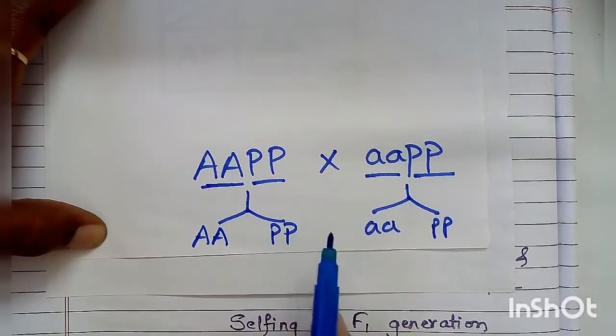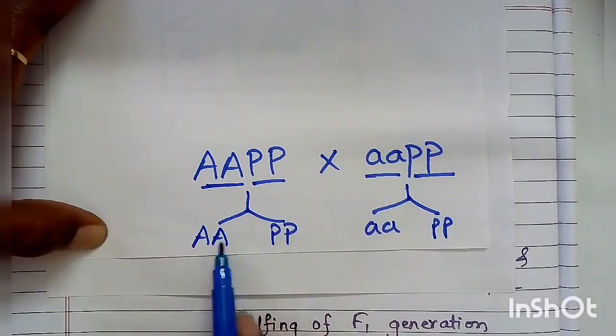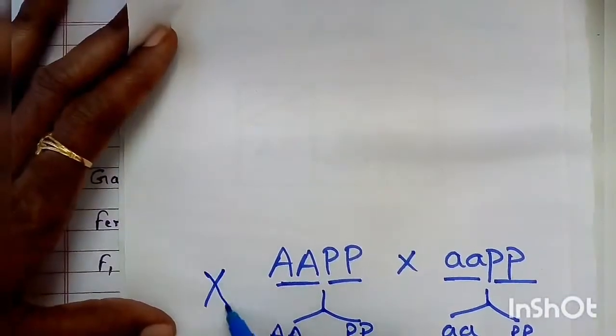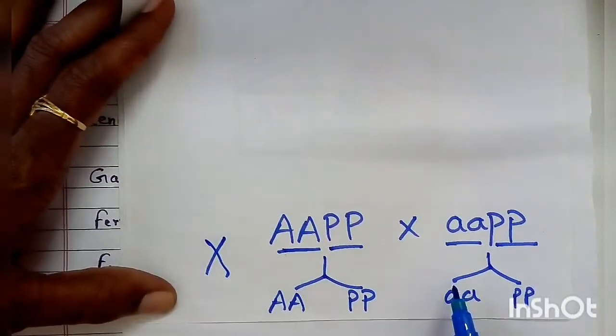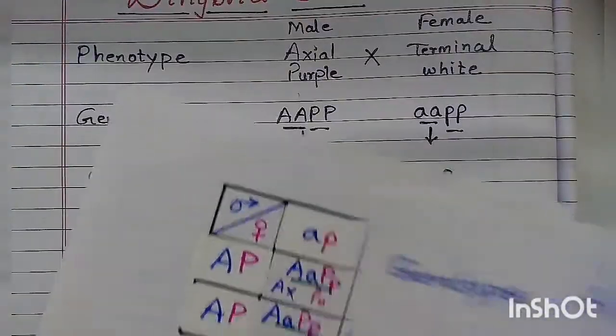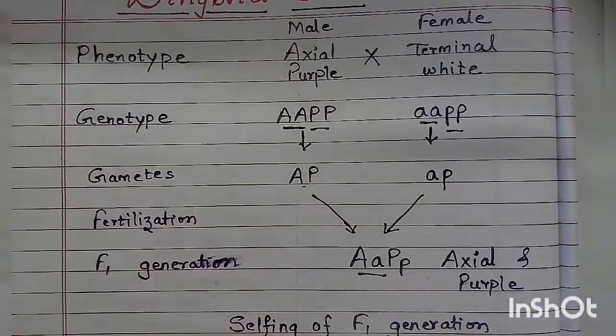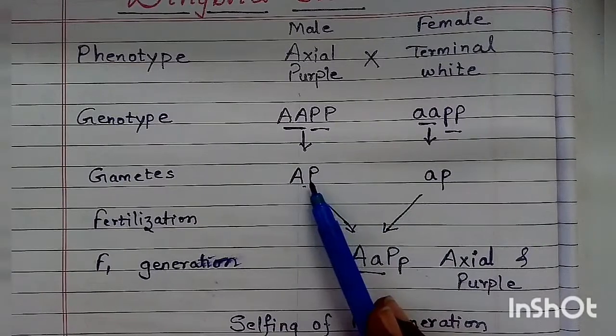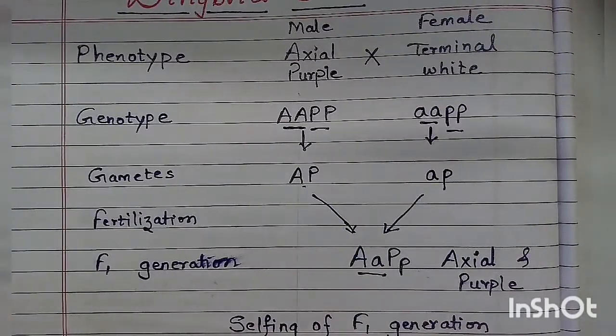Since it is a dihybrid cross, both the traits have to be present. So this is invalid, and this is the correct method where both the traits have to be selected.